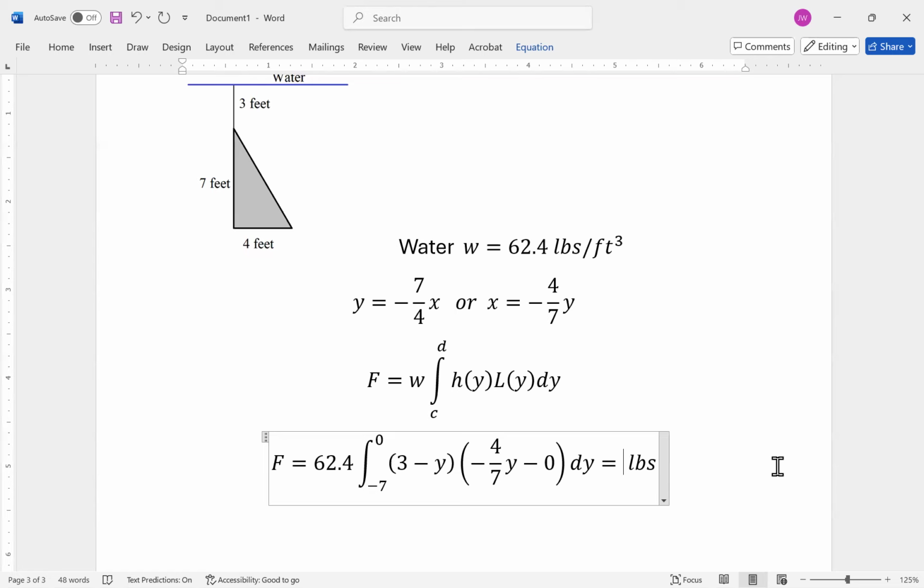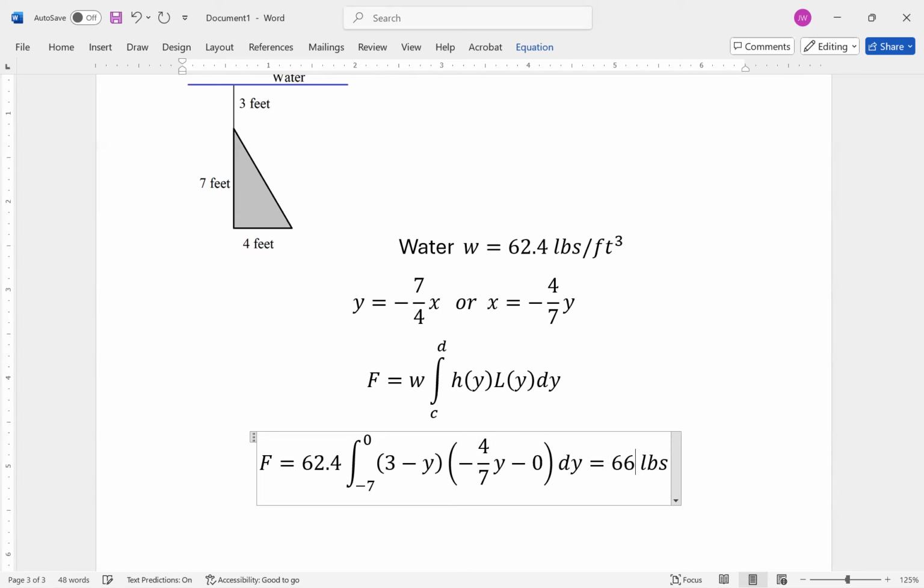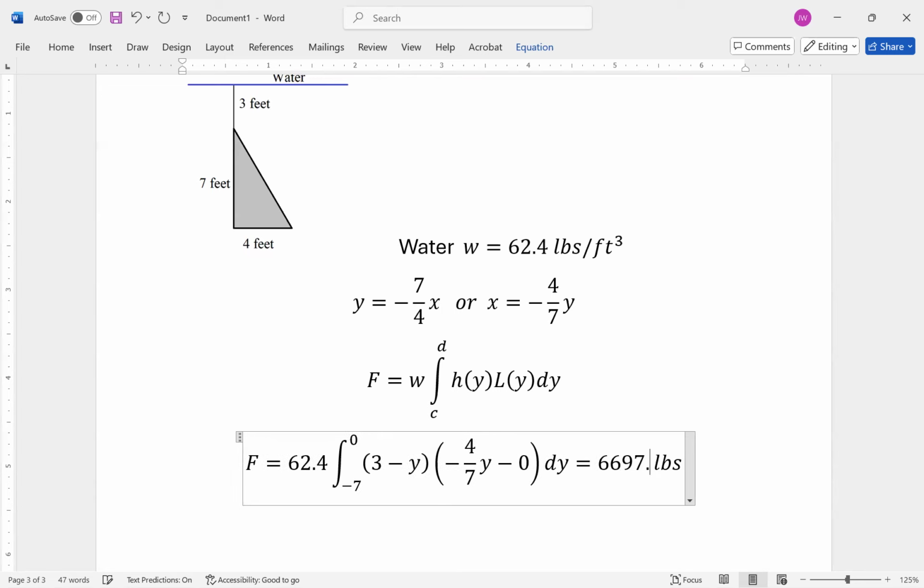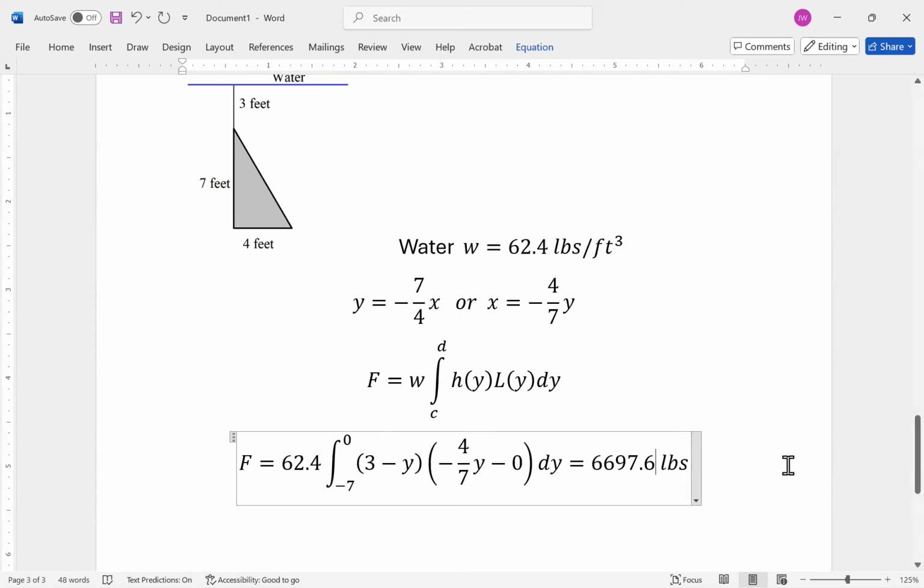When I did the calculations, I ended up with 6,697.6 pounds as my answer, as the fluid force being applied on this triangular plate submerged 3 feet underwater.